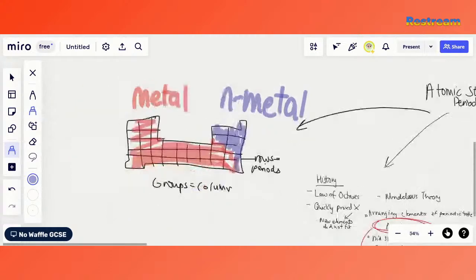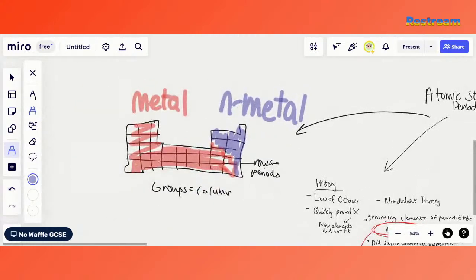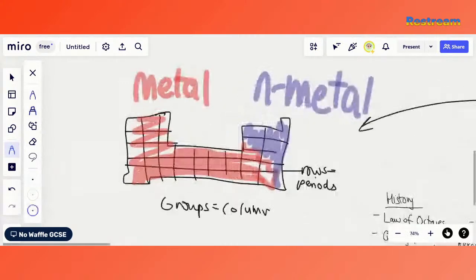Now, there's a lot more to these groups and rows than you may think. So the groups tell you the number of electrons on the outer shell. So in group 1, there is 1 electron on the outer shell. Now the rows tell you how many electron shells there will be.